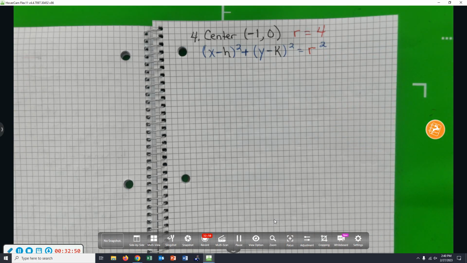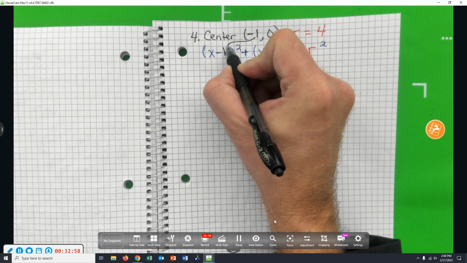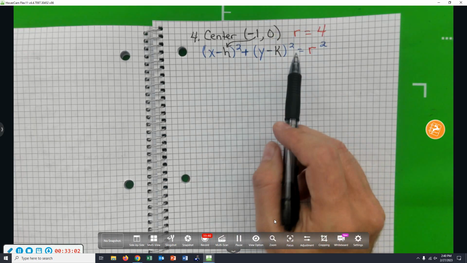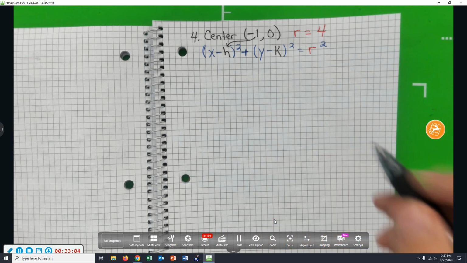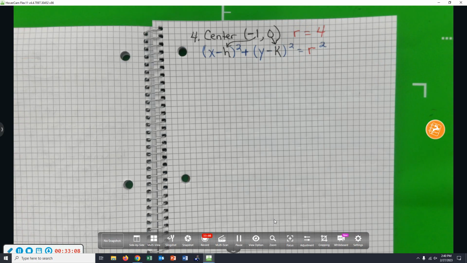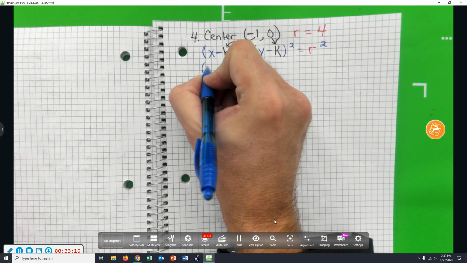So what's going to be unusual about this? Okay, so when I plug in the -1, it's going to wind up with the x plus 1. And over here, when I plug in the 0, just y squared. I don't need to write y minus 0. I don't know if it would take it or not if I did.